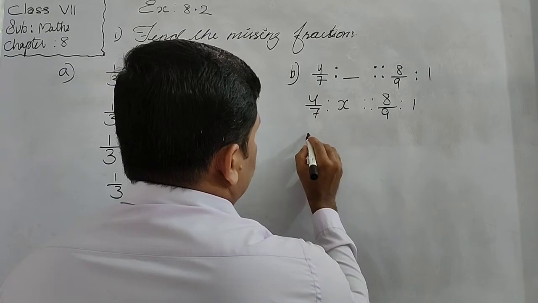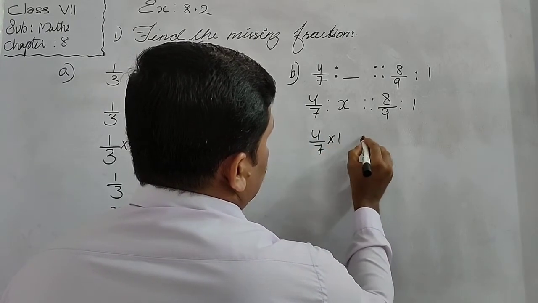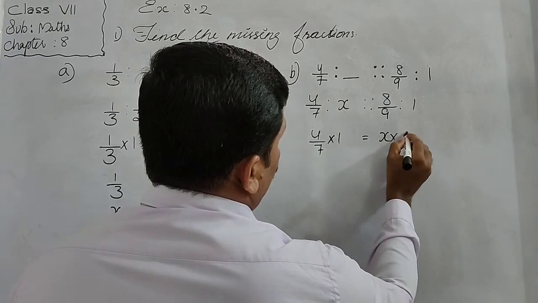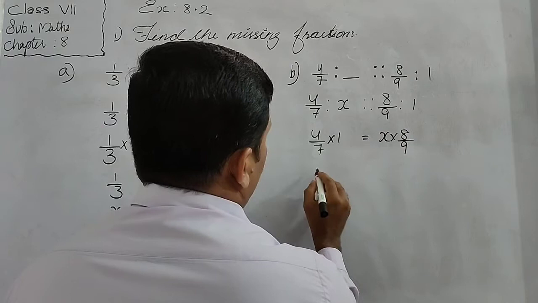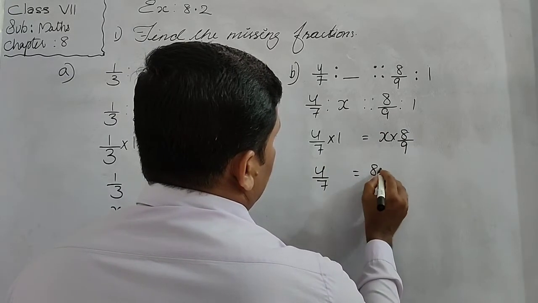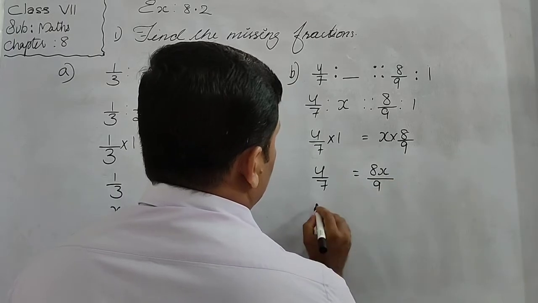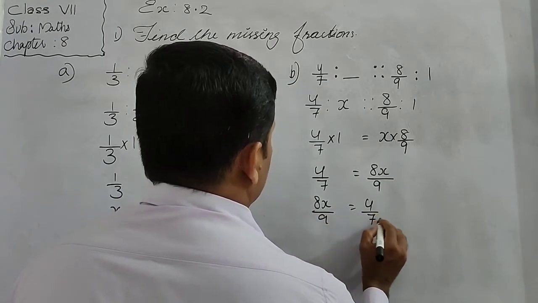Product of extremes means 4 upon 7 into 1 is equal to x into 8 upon 9. The product of extremes will be equal to the product of means. That means 4 upon 7 is equal to 8x upon 9.